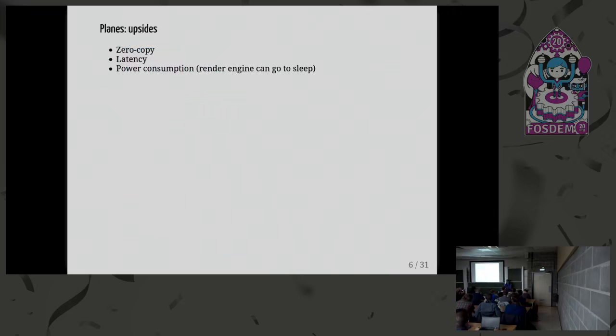So why do we want to use planes? It's zero copy, as I've said. Sometimes it's very important because some hardware needs a lot of time to perform copies, depending on the location of buffers and everything. For instance, on ARM GPUs, it makes a big difference. You also get lower latency if you don't do a copy, because you don't need to wait until the copy is over to submit the frame to KMS.